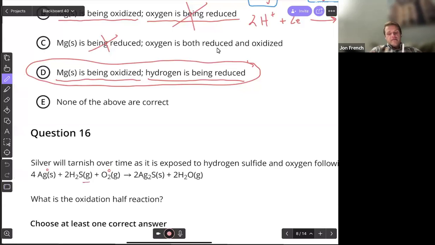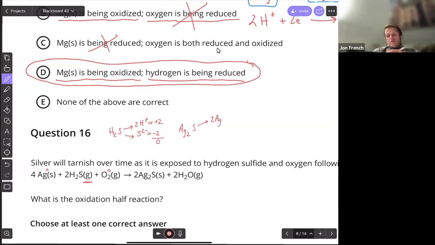Hydrogen sulfide, even though it's a gas, we can assign oxidation states to see if any of the charges change. So hydrogen sulfide, I've got two hydrogens at +1, and sulfide would be -2. That's neutral. We can split up silver sulfide as well, Ag2S. We'll see the same thing.